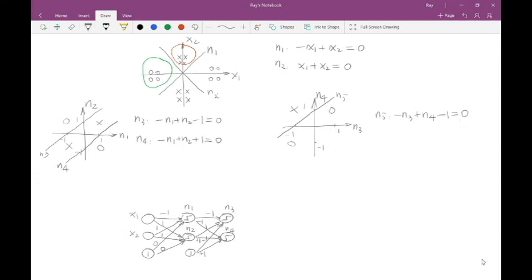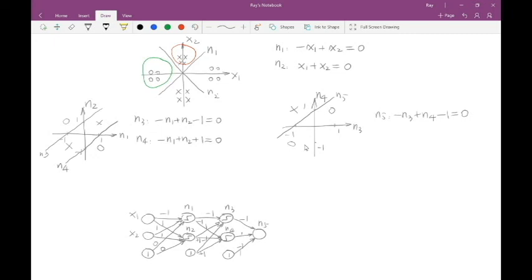Now let's complete our network. For all points above line N5, the neural network outputs +1. So +1 stands for the cross class.